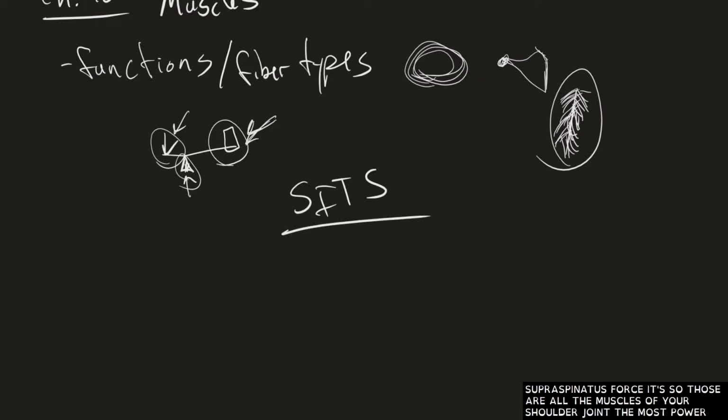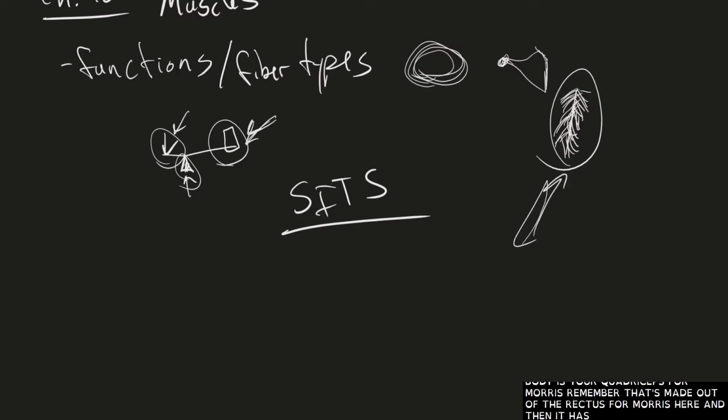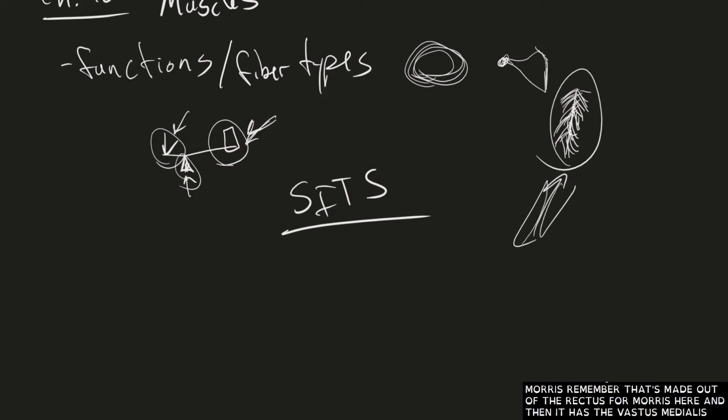The most powerful muscle in the body, even though it is a forward muscle, is your quadriceps femoris. Remember, that's made of the rectus femoris here, and then the vastus lateralis, the vastus medialis, and then underneath all this is the vastus intermedius.